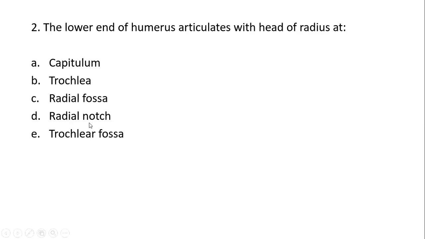Radial notch, no. It is not a part of the lower end, but rather it is a part of the ulna. Trochlear fossa, again, not part of the humerus lower end, it is part of the upper end of the ulna. So last two options are naturally excluded. We are left with the three options.